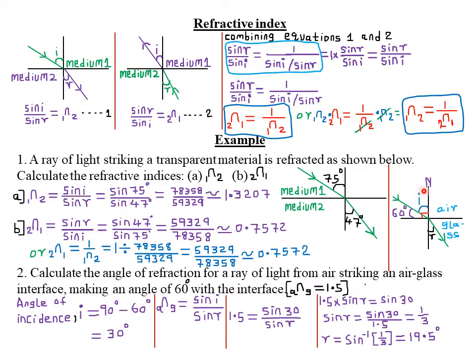Therefore, if we want the angle of incidence here, we shall take 90 degrees minus 60 degrees for us to get this particular angle of incidence. So the angle of incidence is equal to 90 minus 60 degrees, which is equal to 30 degrees. Then we are given that the refractive index from air to glass is equal to 1.5. Therefore, we know that the refractive index from air to glass is the same as sine i divided by sine r, courtesy of Snell's law.